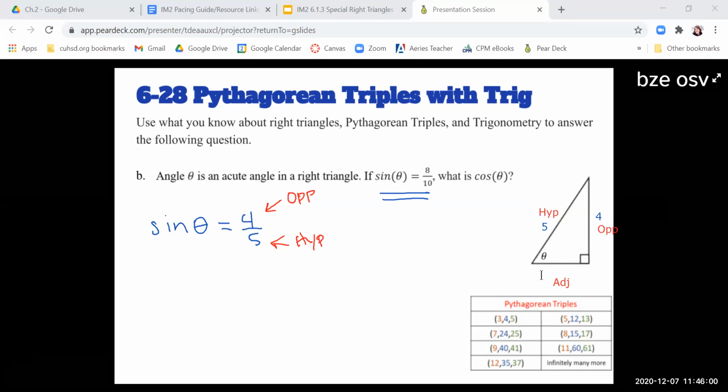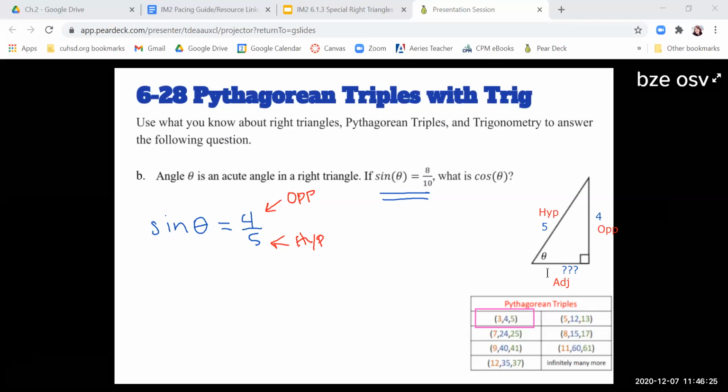And that means my third side, which is what I'm trying to find, happens to be a 3, 4, 5 triangle. 3, 4, 5. So our missing side is a 3.